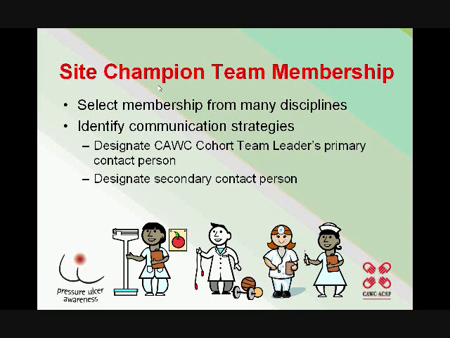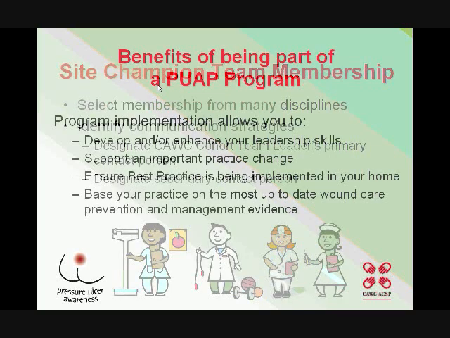For example, if one of you is the primary contact for the national team leader, for the cohort team leader, you need to designate a secondary person that could be available in your absence, because occasionally you do take holidays, there is sickness and time off. So make sure you have a designated plan within your team so there's always somebody who's available and accountable.